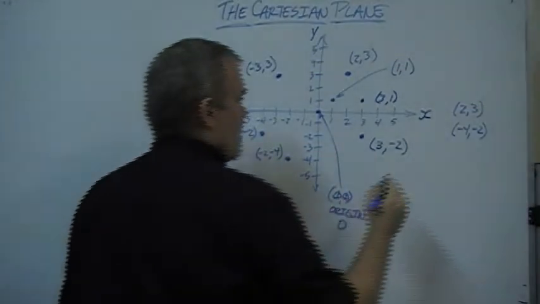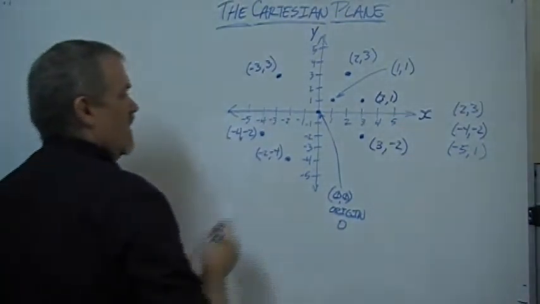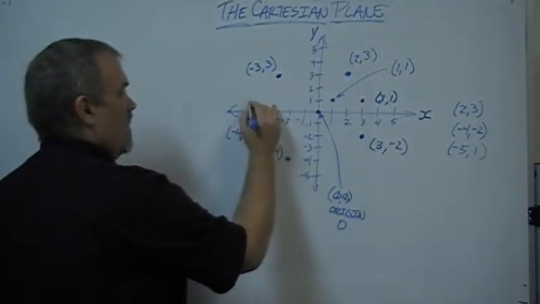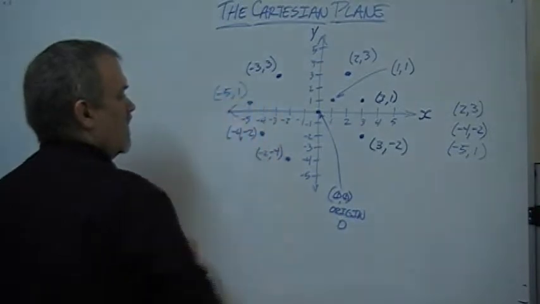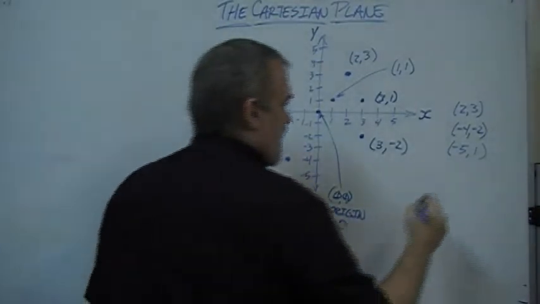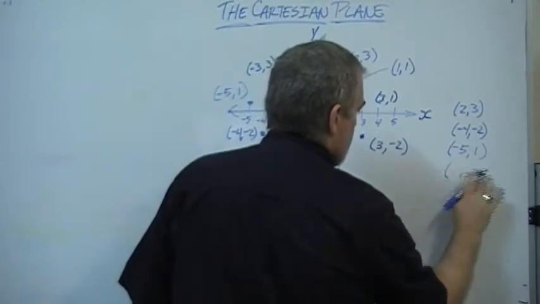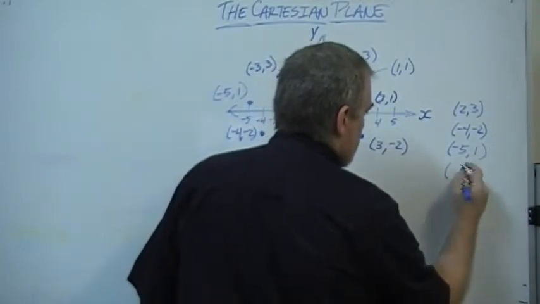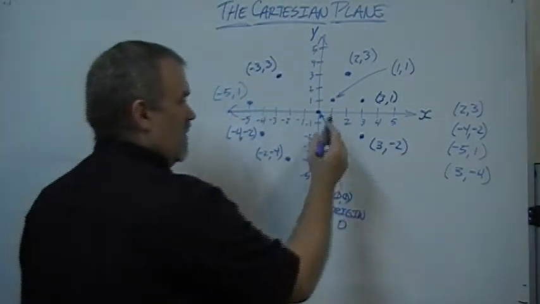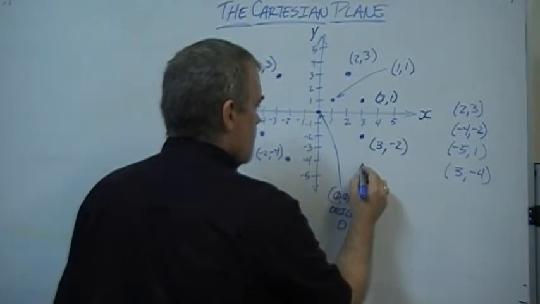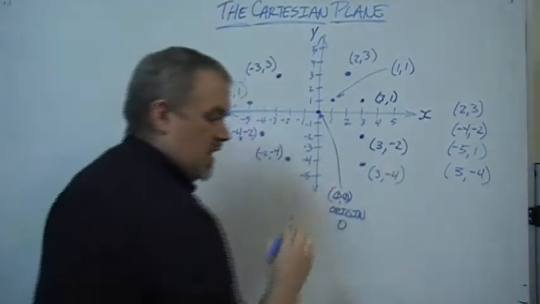Or maybe we want (-5, 1). Or we'll do one more. How about (3, -4)? We would go 1, 2, 3, and down to -4, which would give me (3, -4).